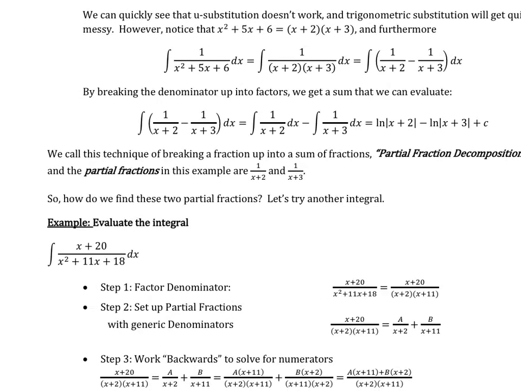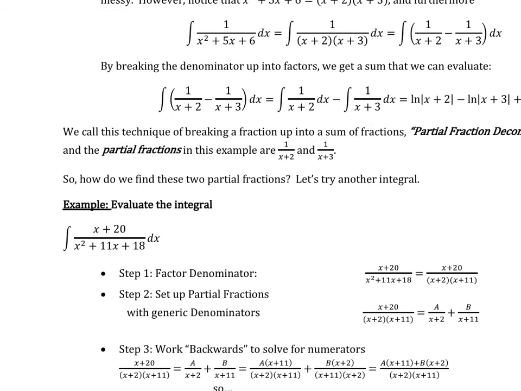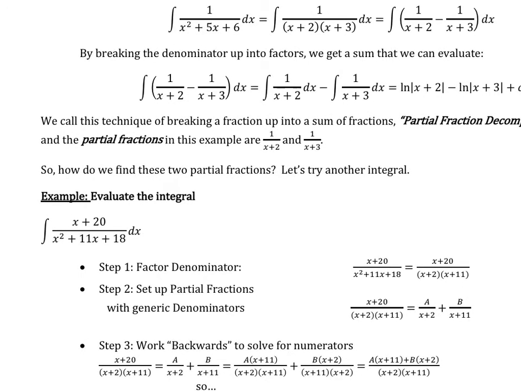I got an example for you here on the handout that just kind of breaks it up for you. Here we have an integral with a fraction in it, some polynomials on top and bottom. So first thing we want to do is look at this bottom and say, can we factor that denominator? Well, yes, we can. x squared plus 11x plus 18 can get factored into x plus 2 times x plus 11.